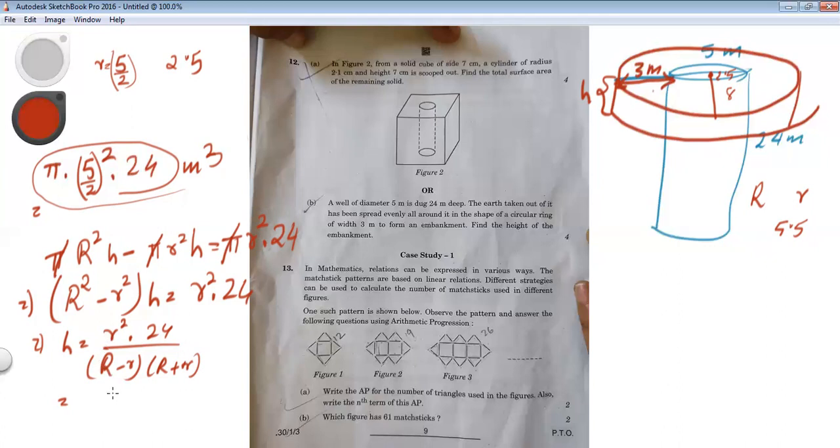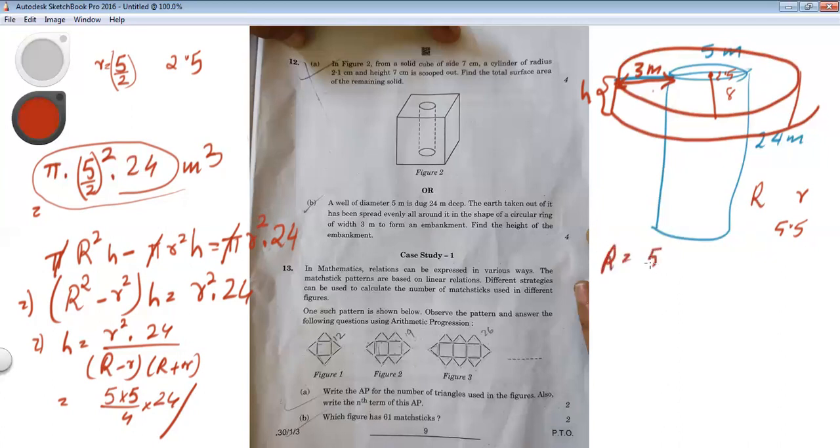Small r square is nothing but 5 by 2 whole square. So that is 5 into 5 by 4 into 24, divided by R minus r into R plus r.